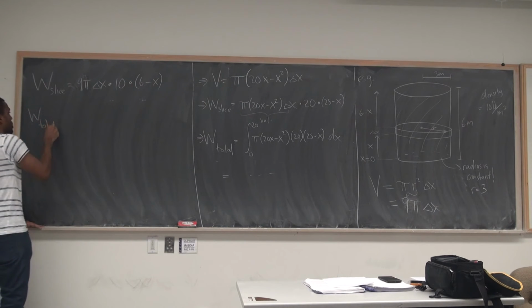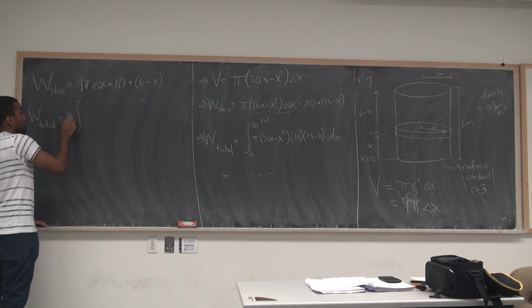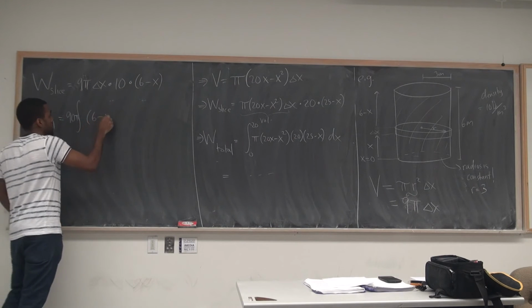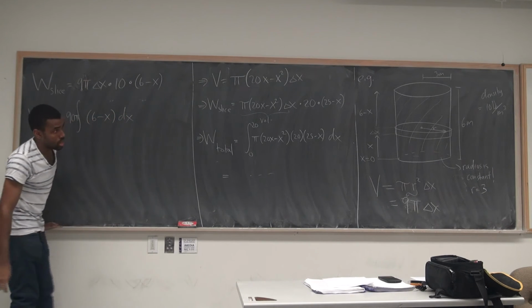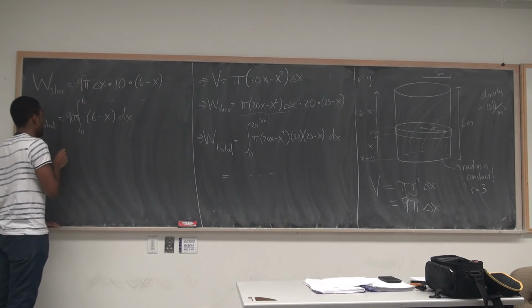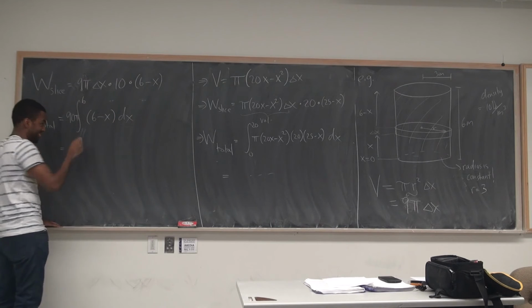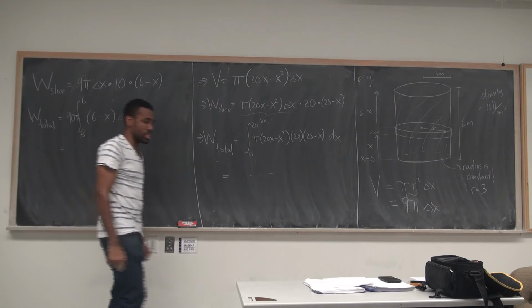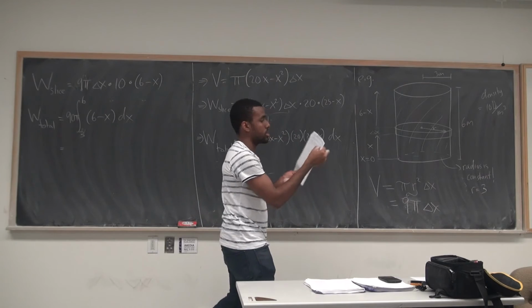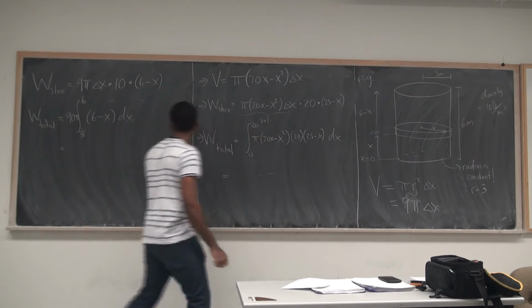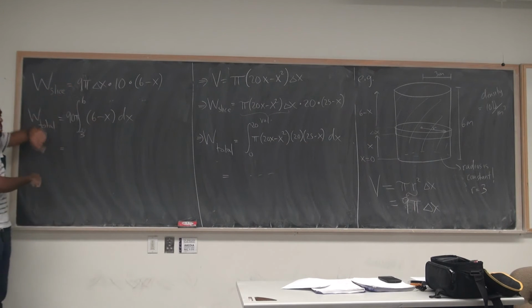So the total work is the integral of 90 pi times 6 minus x delta x, and this goes from 3 to 6, right? The question says to pump the top half out, so that means from the level of 3 and higher. The limits on my integral always describe the length of the liquid I want to move. So the top half is just from level 3 to 6. And that's going to be my integral.